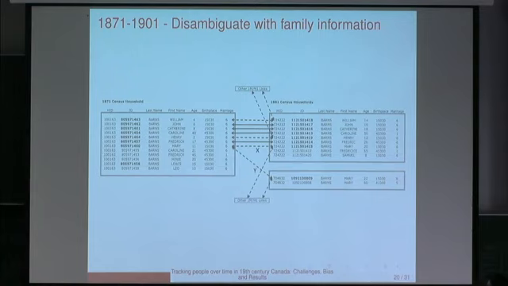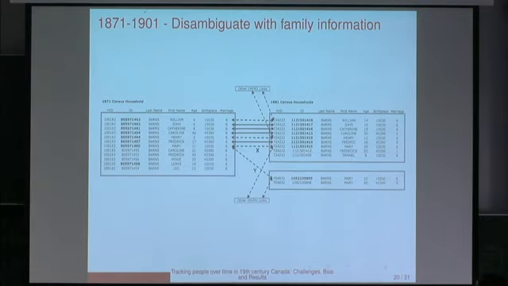You might have two families, this household in 71 and this household in 81. The black lines are the one-to-one links that we generated with our system, and the dotted ones are records that have been linked to multiple records. Now we're using this family information, these two households, to disambiguate some of those multiple links.